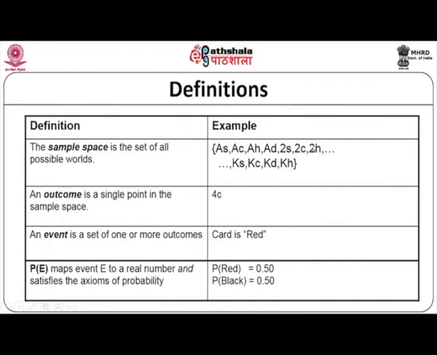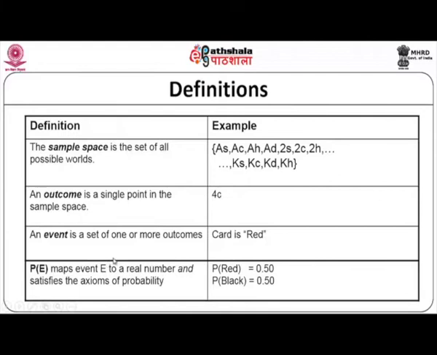So far we discussed 4 definitions: sample space, outcome, event and probability of an event. An example for a sample space may be the card that you draw at random from a deck of cards. An outcome can be one single sample from my sample space.